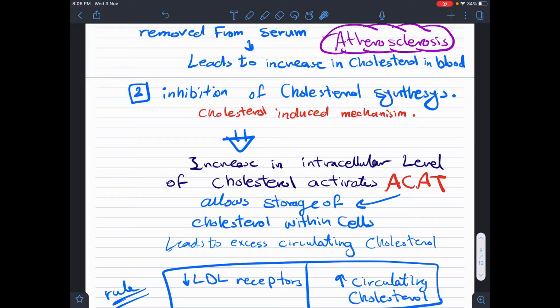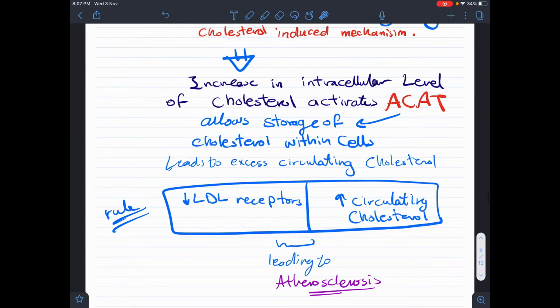Intracellularly, the level of cholesterol is high, which activates ACAT, and ACAT stores the cholesterol within the cells. This will lead to excess circulating cholesterol. So we have low LDL receptors and increased circulating cholesterol. This is the rule, leading to atherosclerosis.